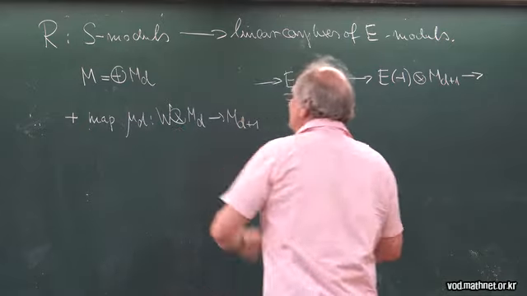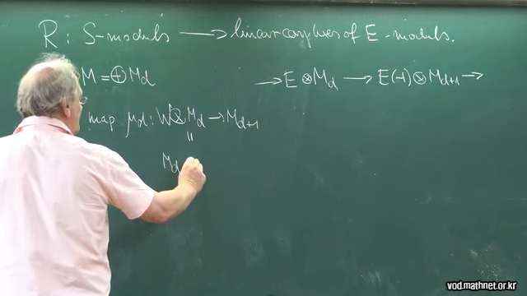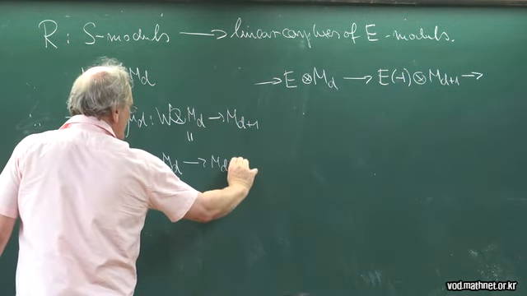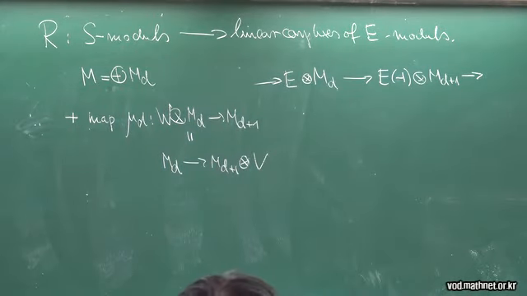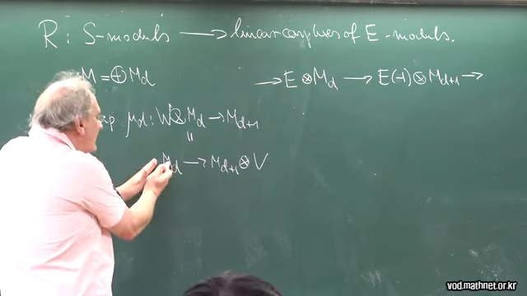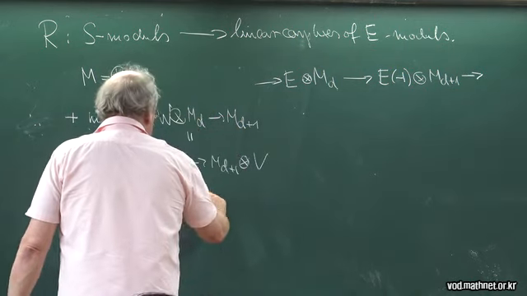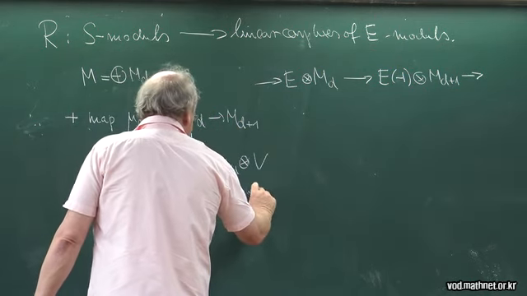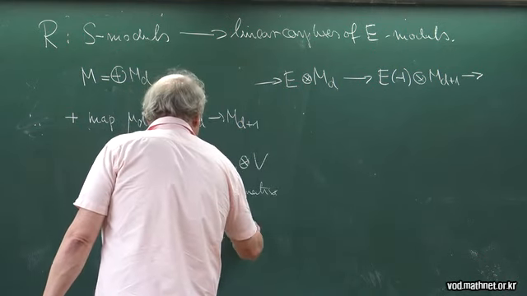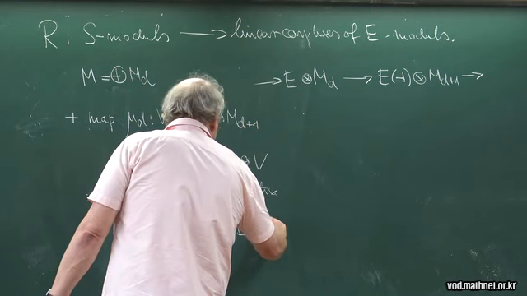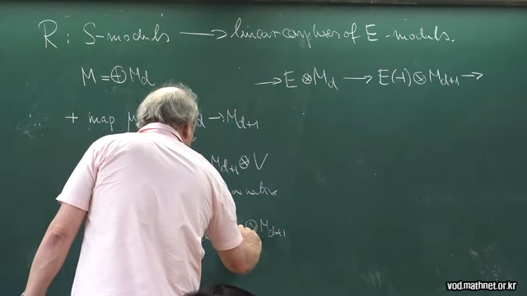And here we can flip. This is the same as M_d to M_{d+1} tensor V. So this is the same tensor, and I can look at it as a matrix of linear forms. This gives us a linear matrix from E tensor M_d to E tensor M_{d+1}, and I should put in a -1 here because it's linear.